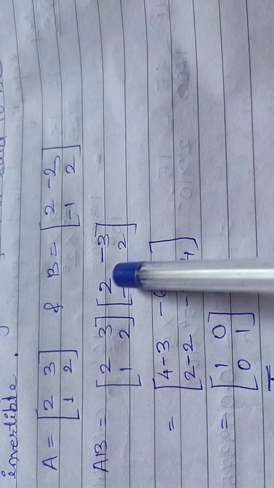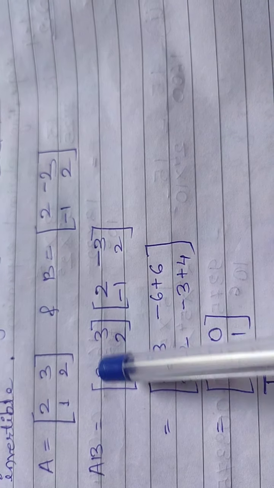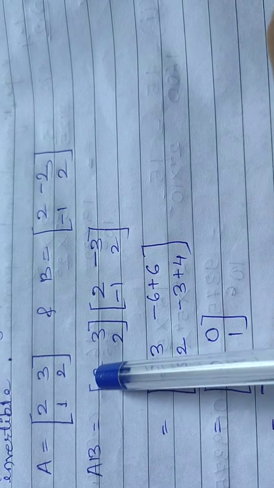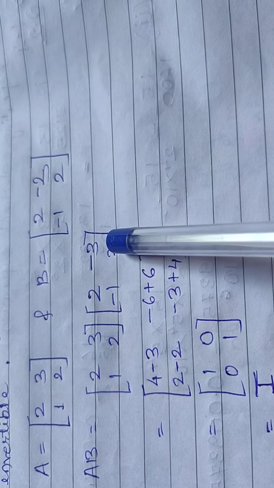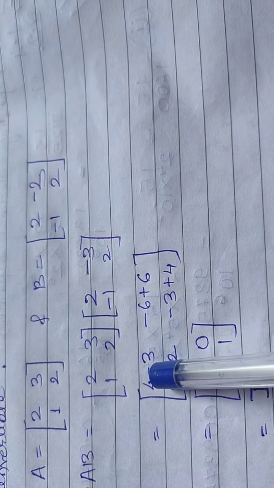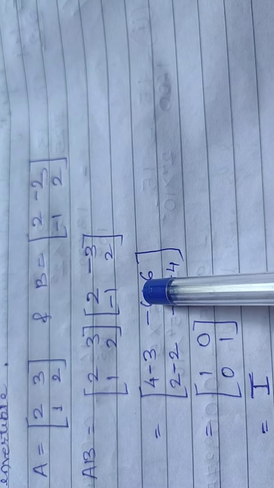So 4 minus 3, then first row into second column. It will be minus 6 plus 6. Okay, 2 into minus 3 and plus 3 into 2. So minus 6 plus 6. First row, first column, we get the first element. First row into second column, second element.